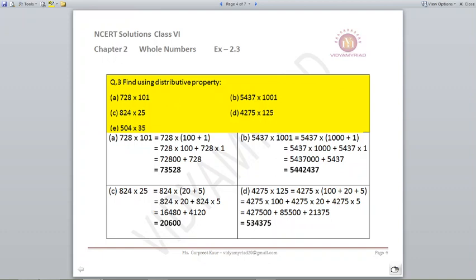Just open the bracket. It will be 4275 into 100. Easily I can do 4275 into 20, that also I can do. Ignore 0, multiply with 2 and put 0 at the end. Then 4275 multiplied by 5 will give you 21375. Total all together and you will get your final answer as 534375.